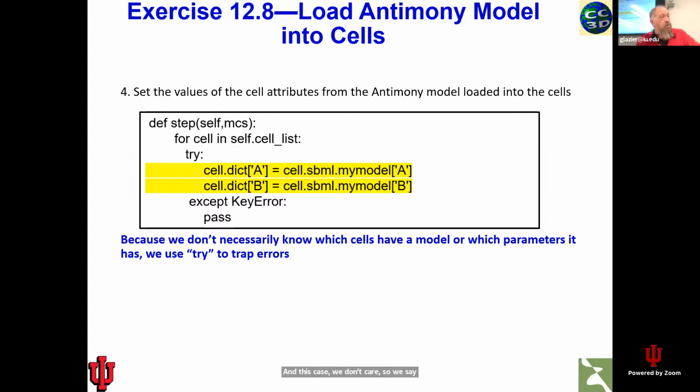So this is a way of checking for whether cell.sbml.myModel exists or not. If it does, we copy it. If it doesn't, we ignore it. Okay. Again, if you've loaded the model into every cell, it's not going to be an issue. But in Santoshi's case, where she decided to load it into only one cell, you have to do this.